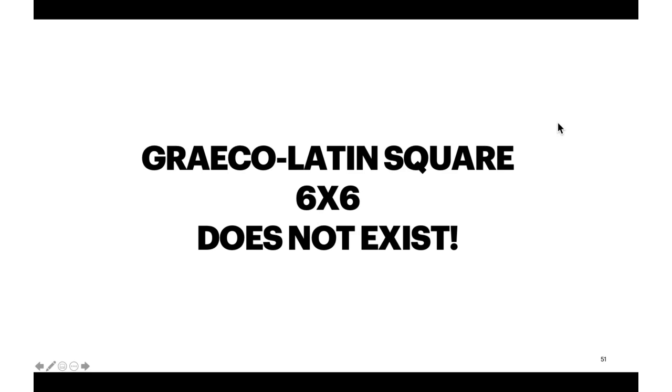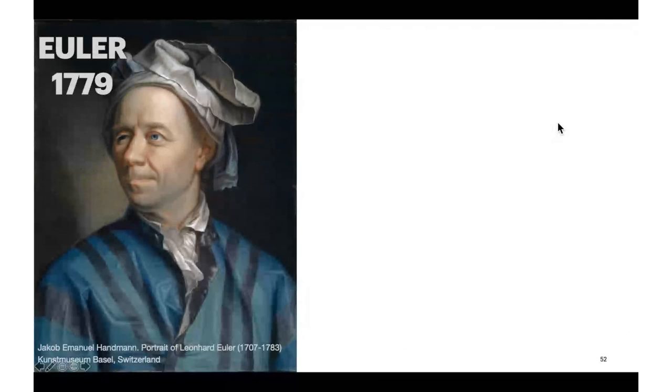The statement that such a 6 times 6 Greco-Latin square doesn't exist goes back to Euler, who conjectured this in 1779. In fact, he conjectured that such squares do not exist for any number which can be written as 4k plus 2, so essentially 6, 10, 14, and so on.